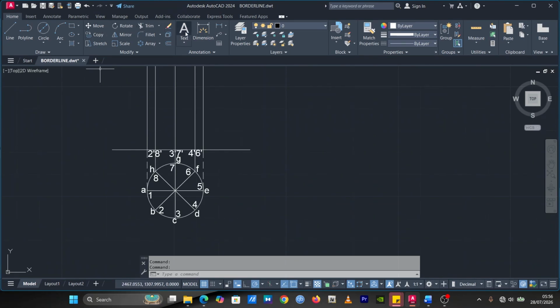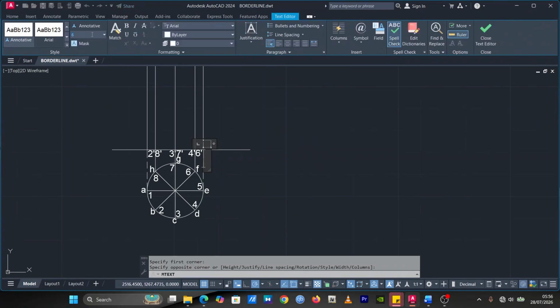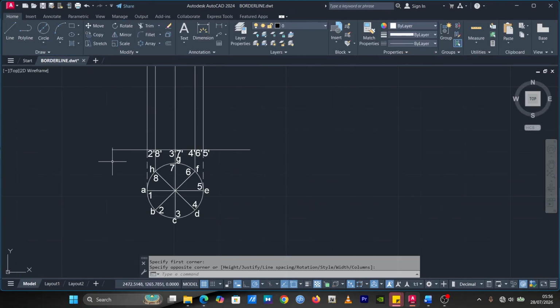We are going to have here to be 5 prime. We can have here to be 1 prime.